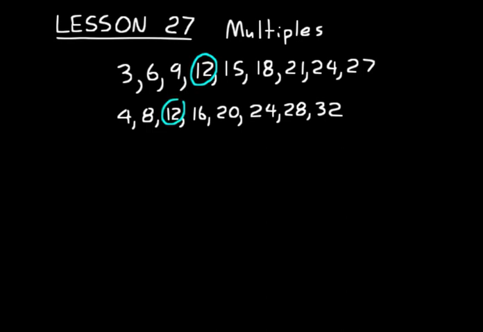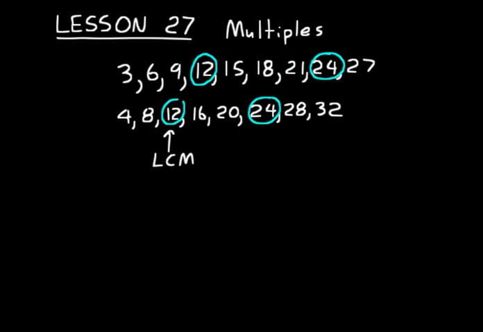That's the lowest common multiple between those 2 numbers. Now, they also have 24 in common, right? But that is not the lowest common multiple between the 3 and the 4. So the 12, we call that the LCM for short, least common multiple.